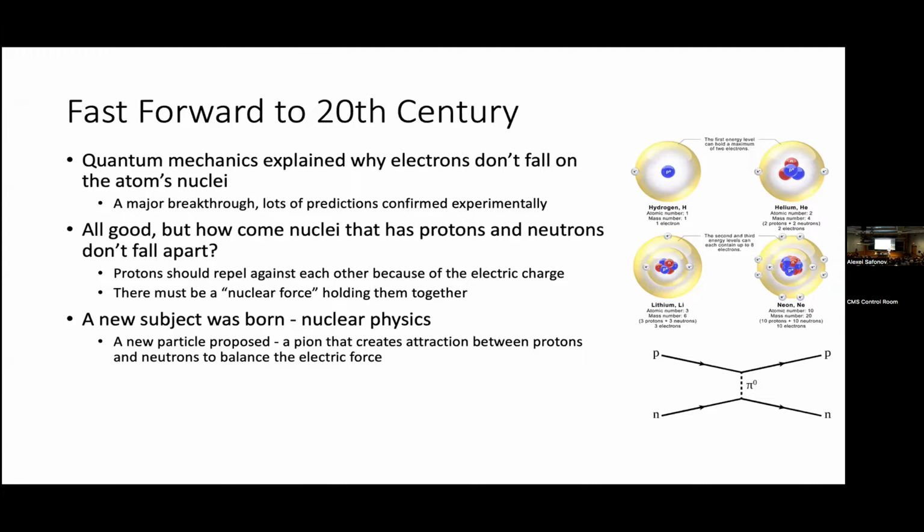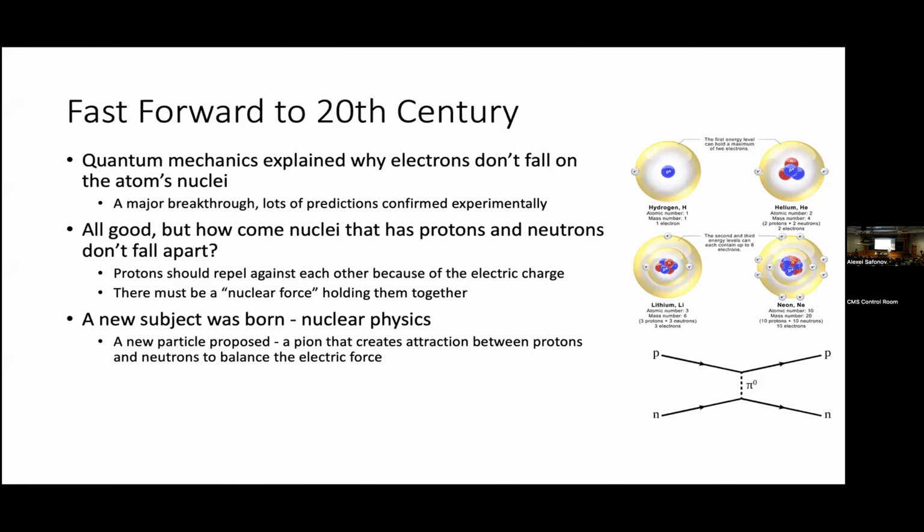How come electrons don't just fall onto the nucleus? Because they should be emitting radiation, should run out of energy and just fall. Quantum mechanics explained why that does not happen and how this thing survives. It was a major breakthrough, with lots of predictions experimentally confirmed. What we have around us, as I said before, largely relies on the principles of quantum mechanics.